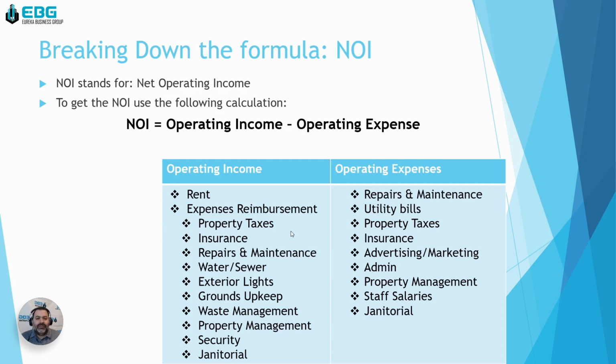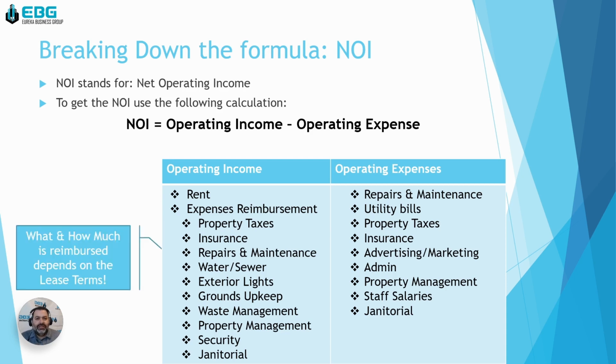On the left side of this table, we see the operating income. Operating income is every single dollar that I can collect and put into the bank account, whether it's rent or reimbursement of expenses, depending on my lease. And that's the key word here: the lease. In commercial real estate, the lease determines what you're going to get reimbursed for.